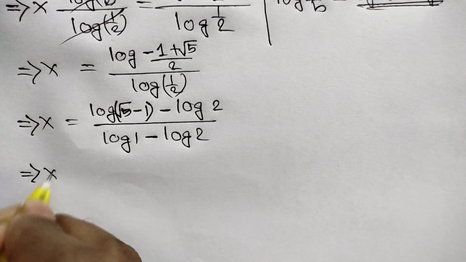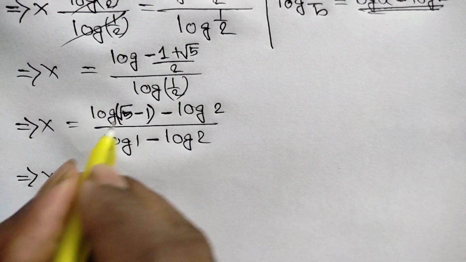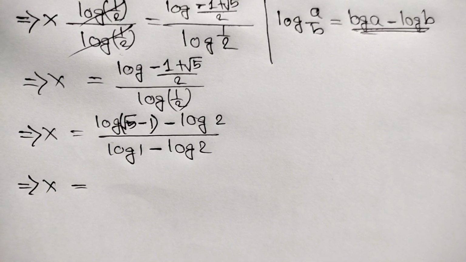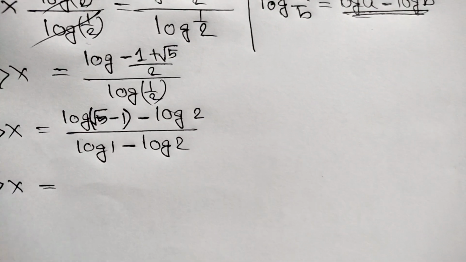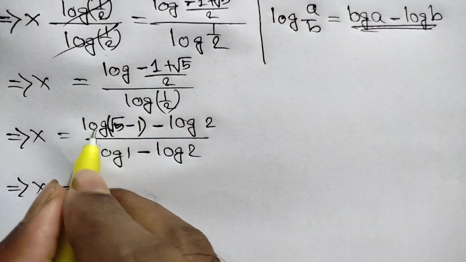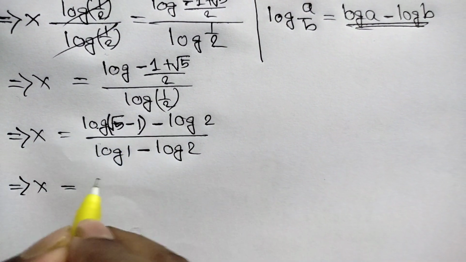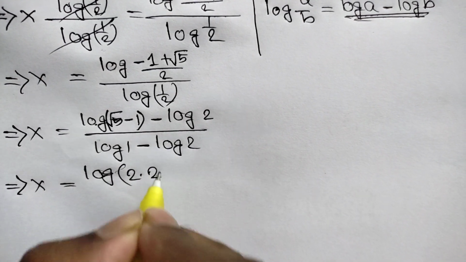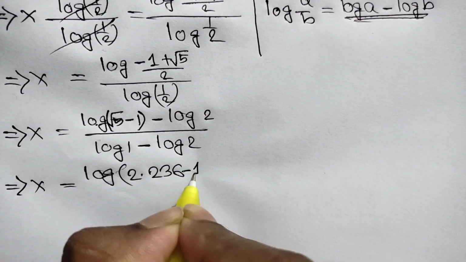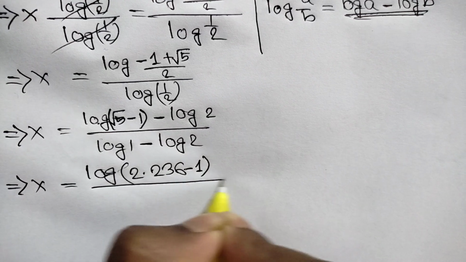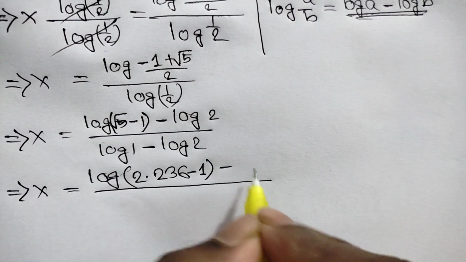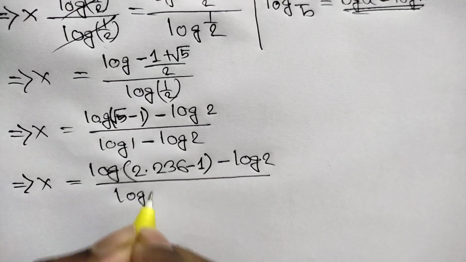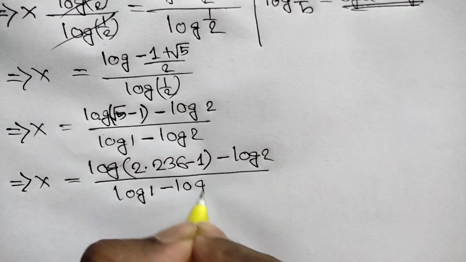Here we can use a calculator: root 5 is 2.236, minus 1, minus log 2 over log 1 minus log 2.